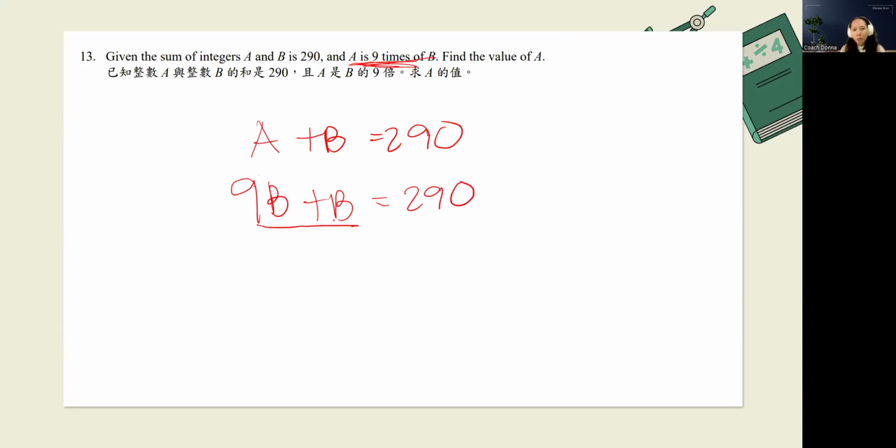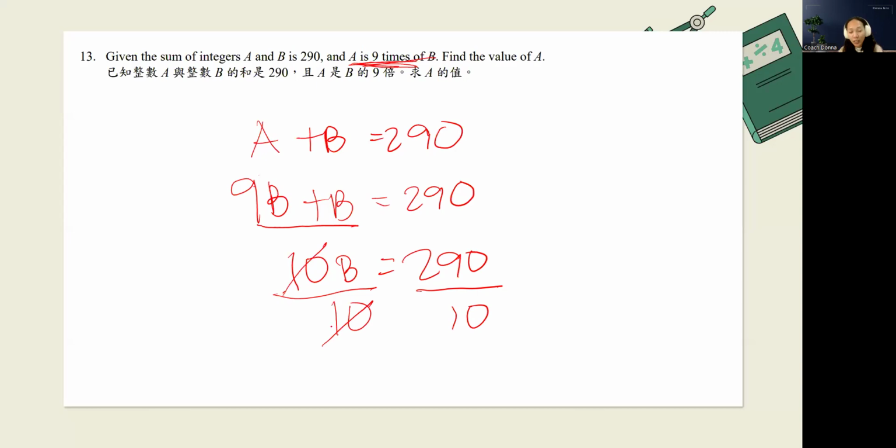Now 9b plus b, 9 b's, add another b. That would be 10 b's in total. So that's 290. 10b, we just want b, not 10b, so divide this by 10. 10 divided by 10 will cancel out. That's why we divided by 10. So that we're going to be left with b. 290 divided by 10 is 29.